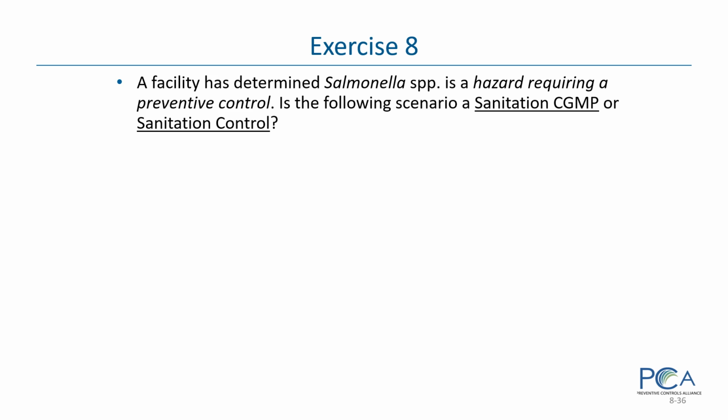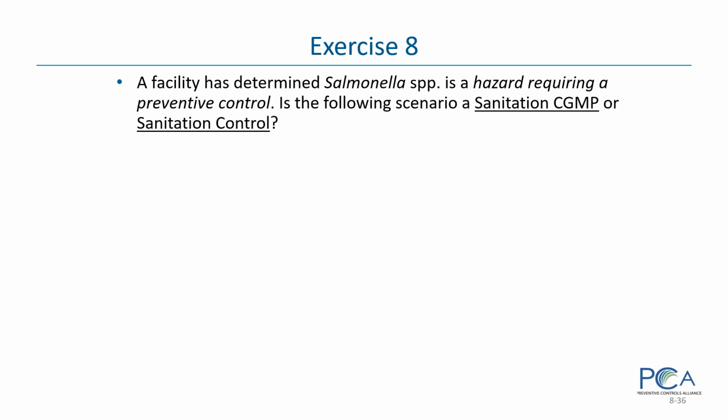You are going to have to decide whether each of these statements is referring to one of their sanitation CGMPs or one of their sanitation preventive controls. This is meant to reiterate the difference between sanitation CGMPs and sanitation preventive controls.